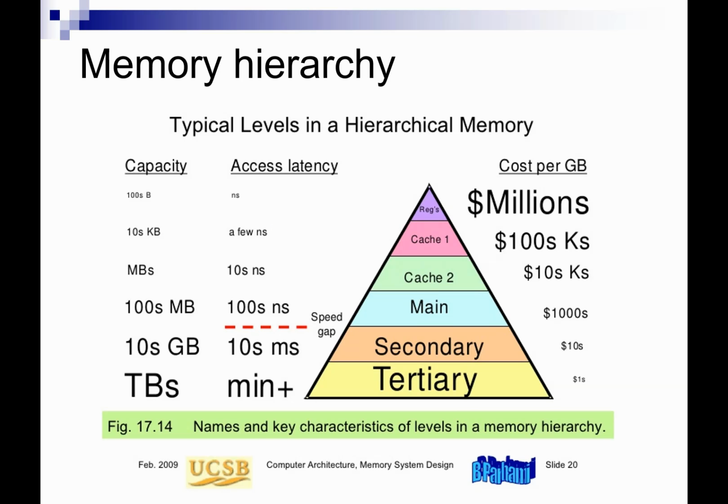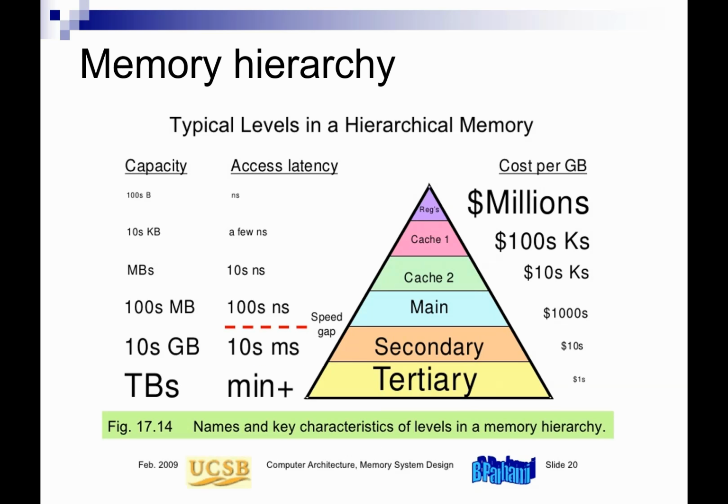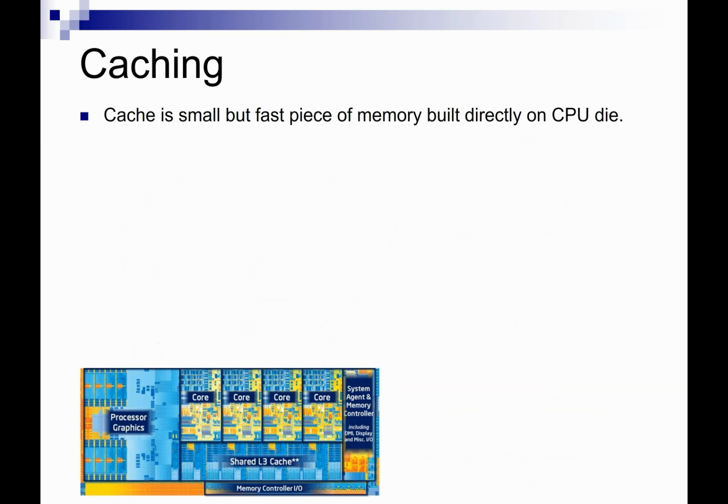To do that, the main thing we're going to make use of are the caches. The caches sit between the main memory and the processor itself. The cache is a small piece of memory, but it's very fast, and the reason it's fast is because it lies directly on the CPU die itself.